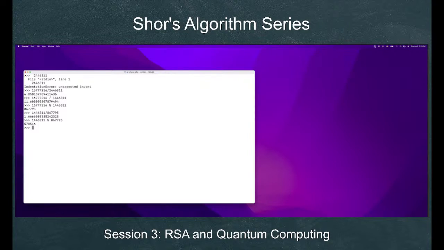And then 1 plus 1 over 2 is 3 over 2. And then this one here is 1 plus 1 over 3 over 2, or 1 plus 2 over 3, which is 5 over 3.